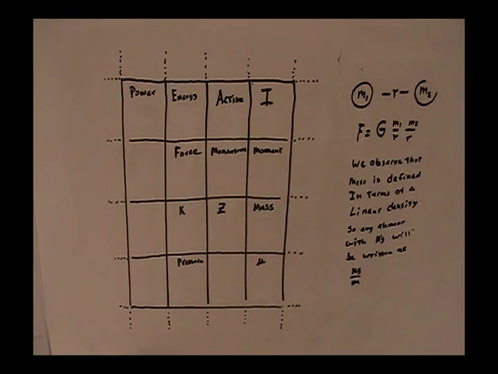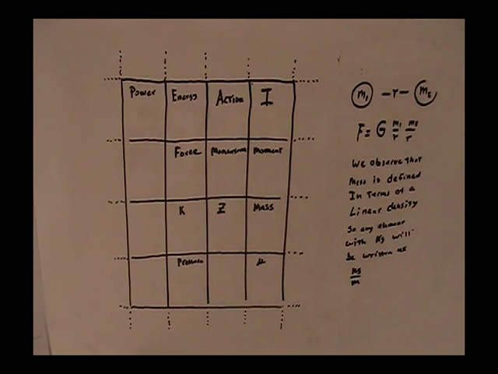Power in watts will be written as kilograms per meter, meters over seconds cubed, meters to the 0.